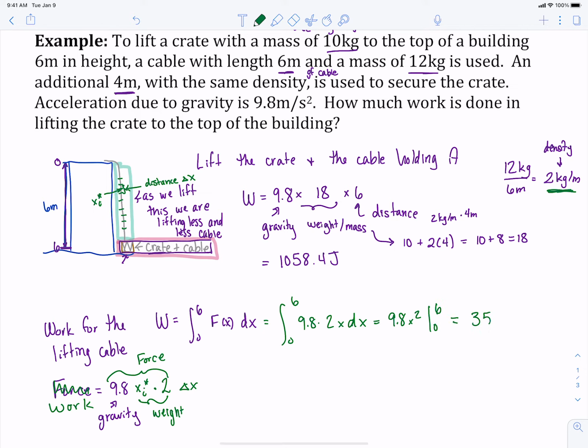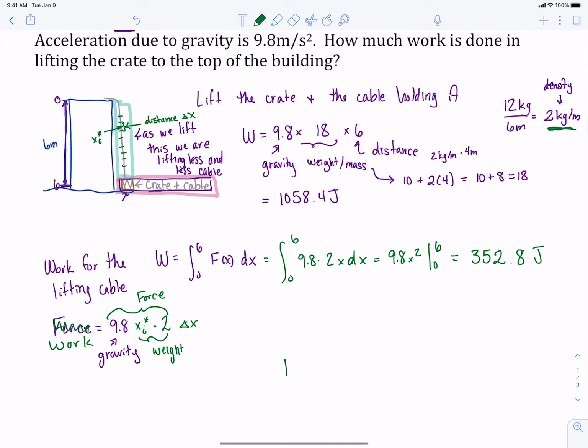And this ends up being 352.8. And again, this is joules. And so now to get the total work done, we'll take that crate and cable amount that we got plus our variable cable, add those together, and we get 1,411.2 joules to lift this whole thing up.